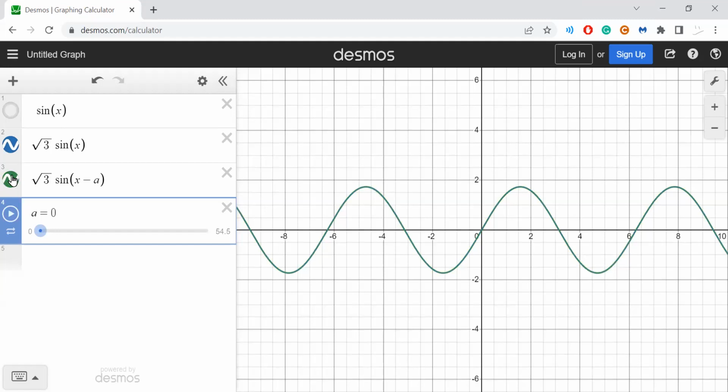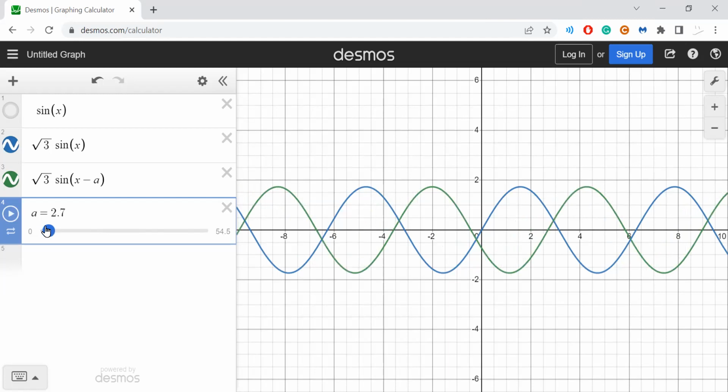It's overlapping with the blue one. Now I just press the play button. Oh, that's a very intense animation. I think there's a lag, so you can't see it very well, but I'll move it slowly. So this is the original when A is 0. Then if you slowly increase it, what do you notice? What happened to the graph?